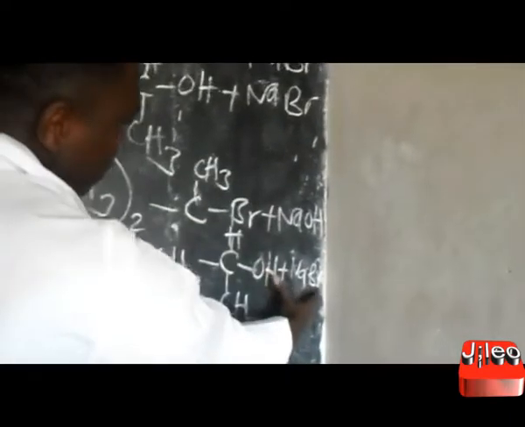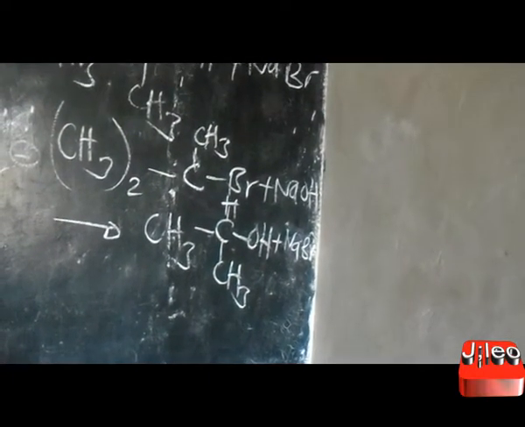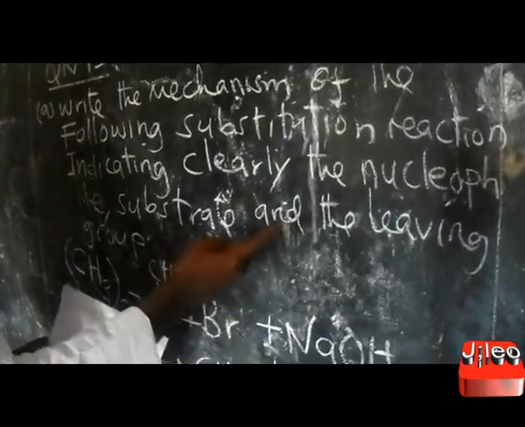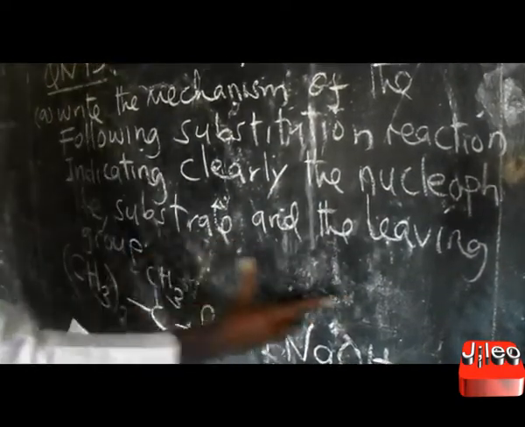Now this is our conclusion. Yeah, starting here, finishing here. So now this is our conclusion to the question we were asked, which is a reaction mechanism. Our question asked us to indicate the nucleophile, substrate, and the leaving group.